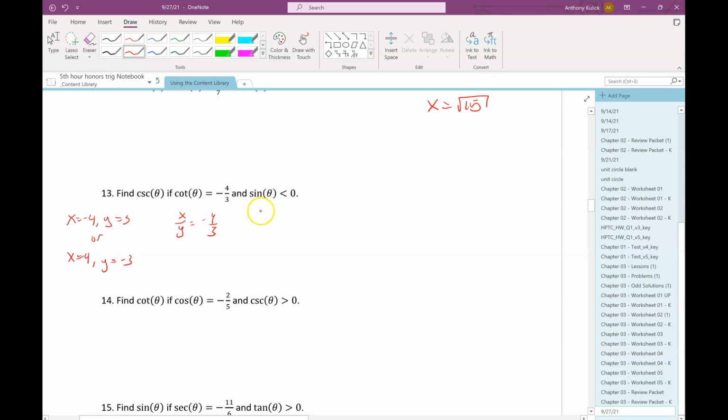But I know sine, which is y over r, is negative. And the r is a length, so it can only be positive. So that just tells me that y is negative. So the one that I want is this situation where the y is negative.